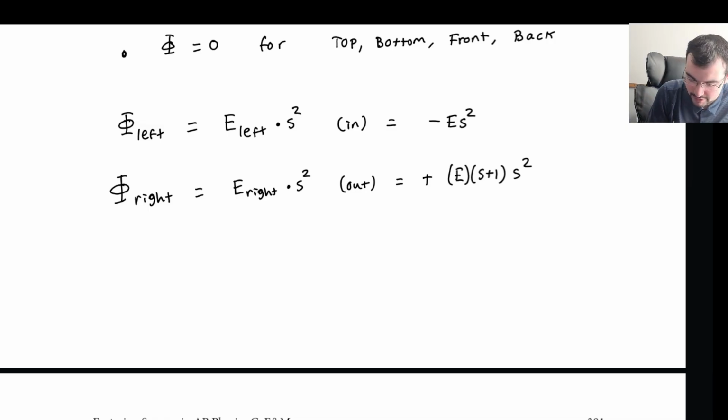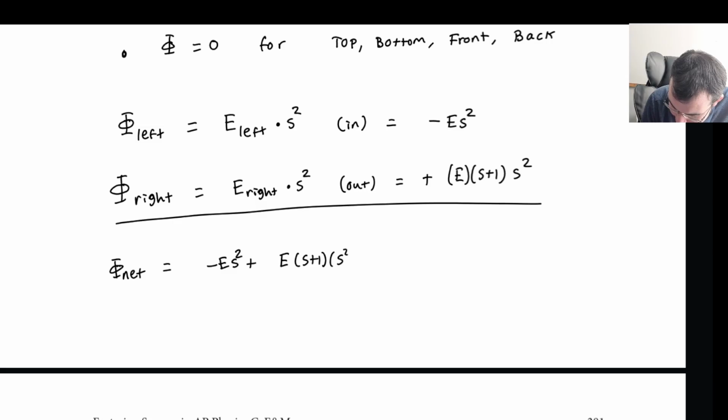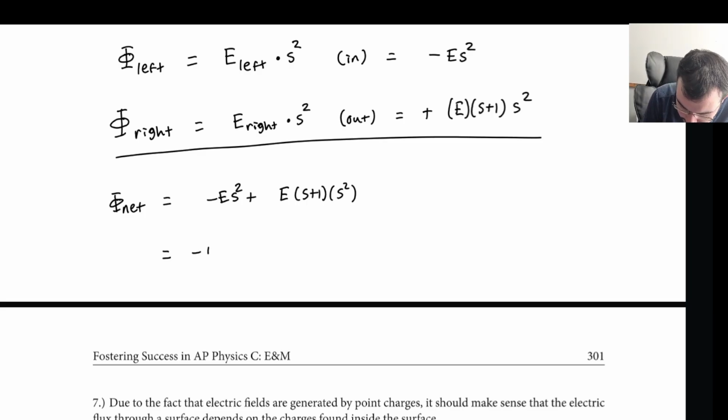And now we can work out our net flux. So our net flux is going to be negative E s squared plus E times s plus 1 times s squared. So, of course, let's work out what this is. This whole quantity here is going to become s cubed plus s squared when we work that out, right?